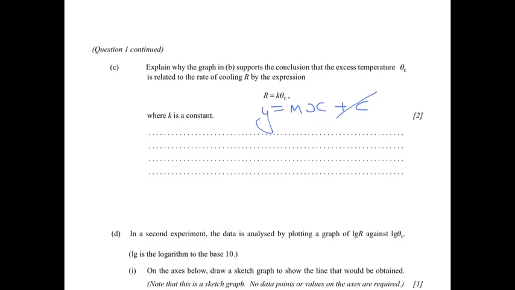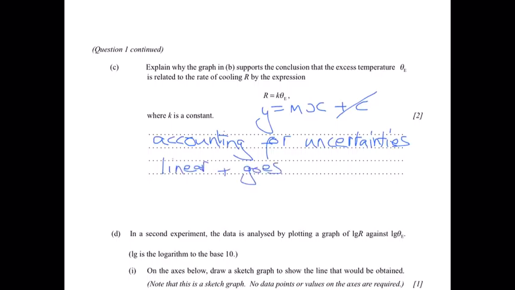Just the data points alone don't appear to be going through the origin, but accounting for the uncertainties, the data could well go through the origin. So accounting for uncertainties, we have a linear fit and it goes through the origin, which verifies that relationship.